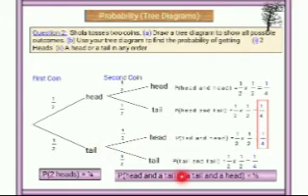Since there is "or" here, we need to add the two outcomes. So 1 over 4 plus 1 over 4 is equal to 2 over 4. And if you reduce the fraction 2 over 4, you will get 1 over 2. So 1 over 2 is the probability of a head or a tail in any order.